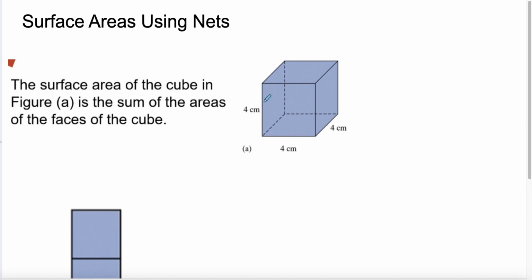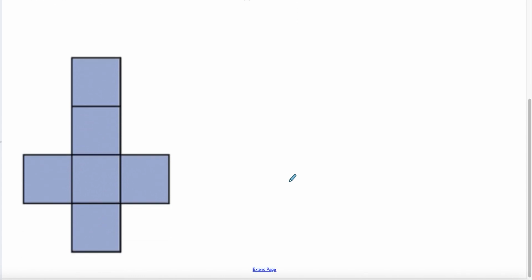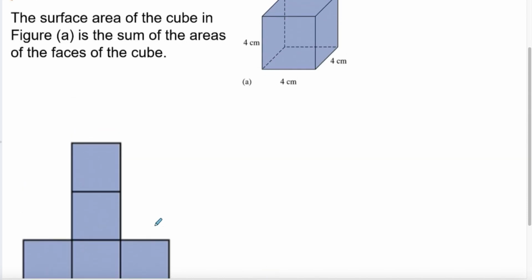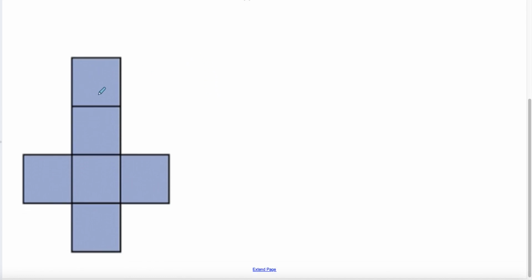Sometimes it is not easy to picture how it looks and how to calculate the surface area. So a lot of times it helps to have a net. A net is when you think of this three-dimensional shape and cut it open. So if I cut that box open, it looks something like this, right? We see all of these squares have 4 centimeters as the side.